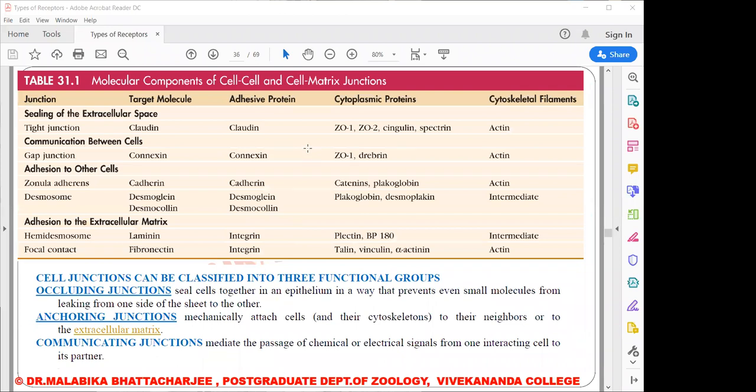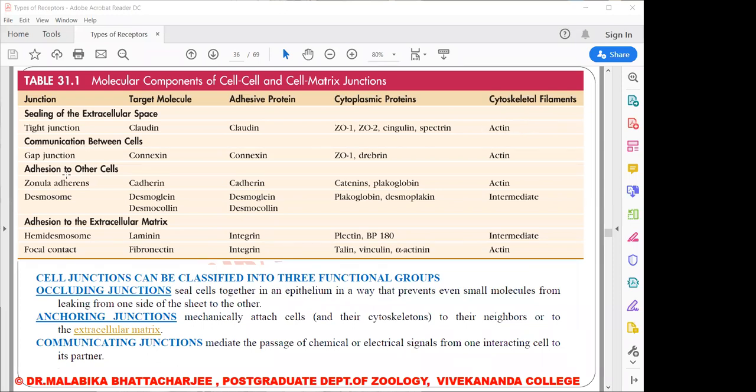Now, this is another comparative chart about the function and the target molecules. As I said, we discussed the tight junctions. I said again and again, the tight junctions seal the cells. And the main molecule involved is the claudin, which is also an adhesive protein. The cytoplasmic proteins associated with the claudin are ZO-1, ZO-2, cingulin, and spectrin, and they remain attached to the actin filaments.